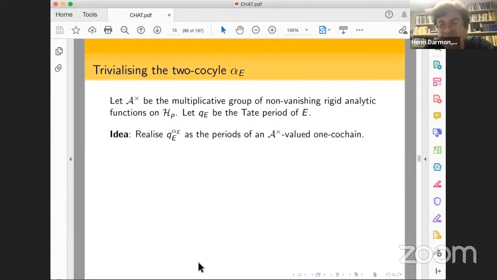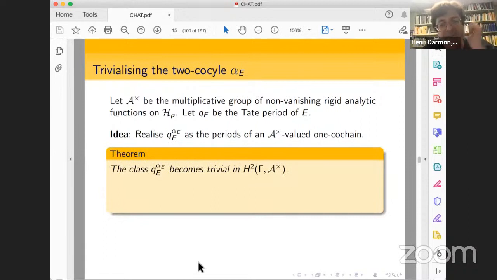So I can take this Tate period and raise it to the power alpha_E. That gives me a two-cocycle with values in q^Z, which I embed in A star in a natural way as constants. And I want to realize this two-cocycle as the image of a one-cochain under the connecting map, the d map.